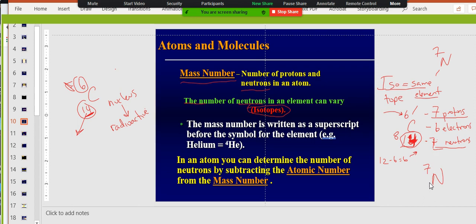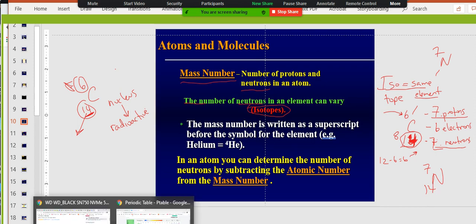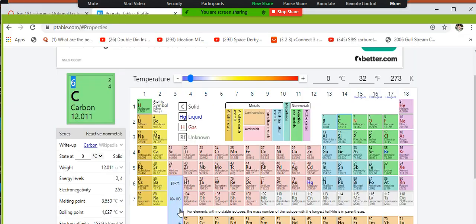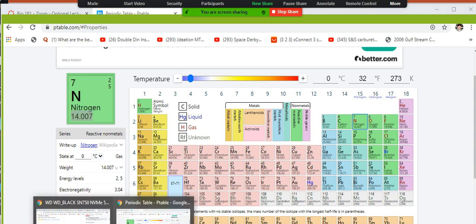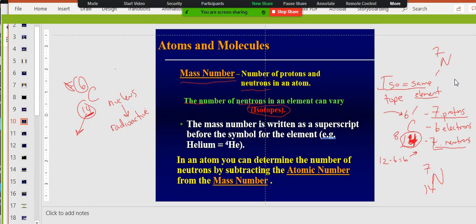And its atomic weight would be protons plus neutrons, which would be 14, right? So what I want to show you guys is that carbon-14 decays into completely stable nitrogen-14, with 7 protons. So carbon-14, when it gets that number of neutrons inside of it, it can change to nitrogen, and then it becomes stable again.